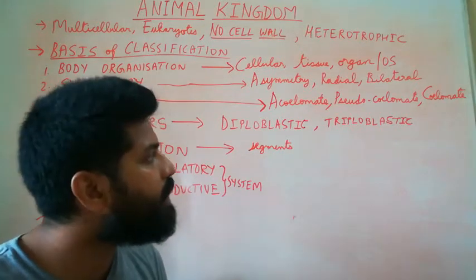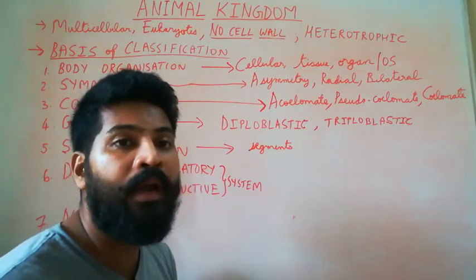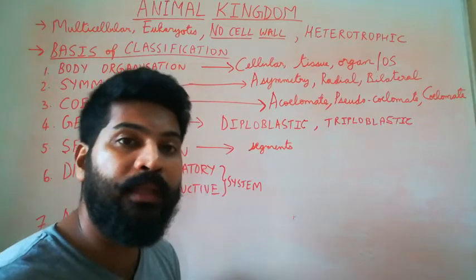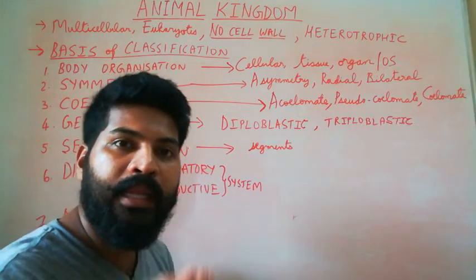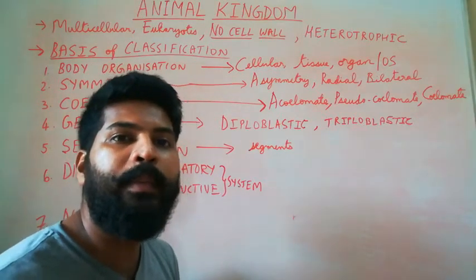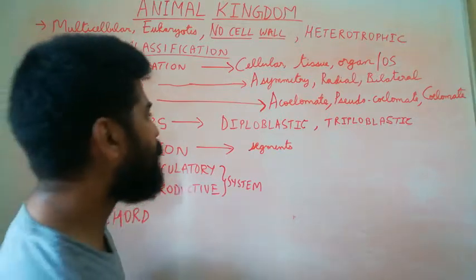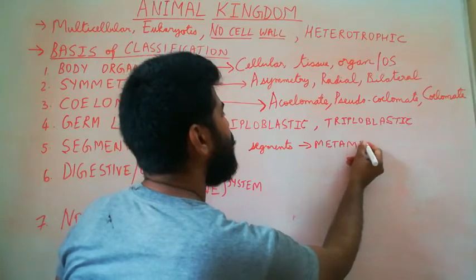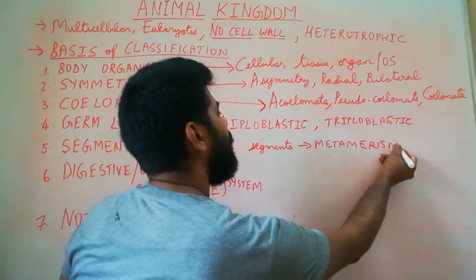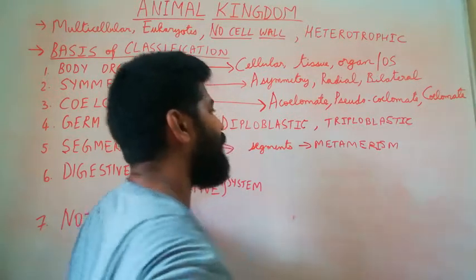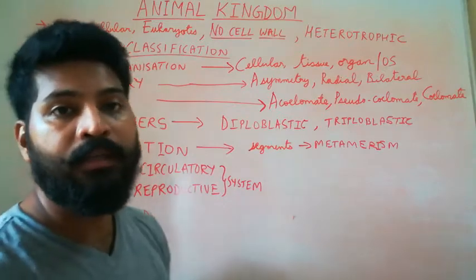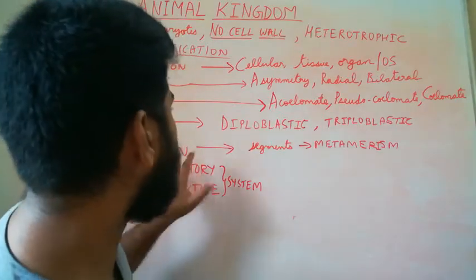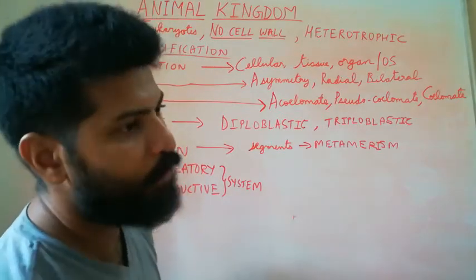The entire body is divided into 100 to 120 segments, and in each segment there is repetition of organs. So this phenomenon is what is called as metamerism, where the body is divided into distinct segments, each containing organs.